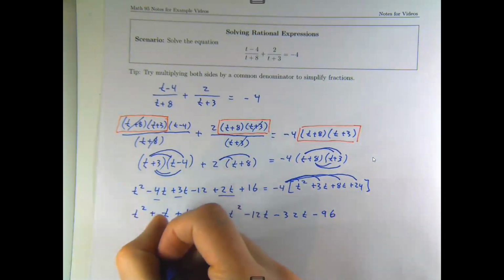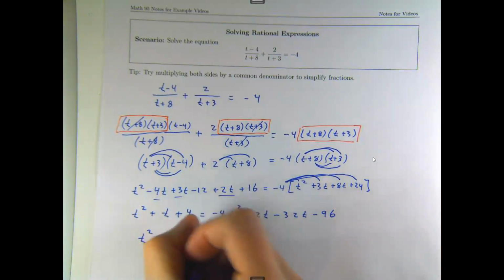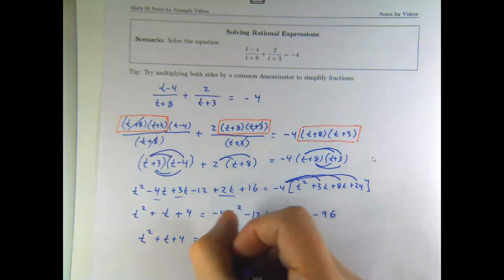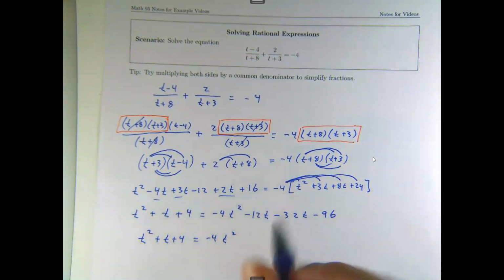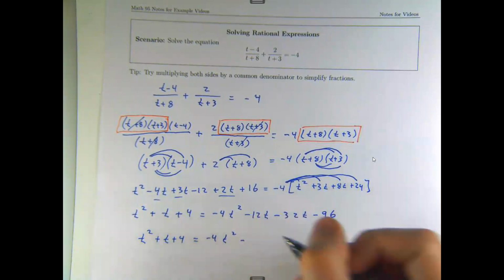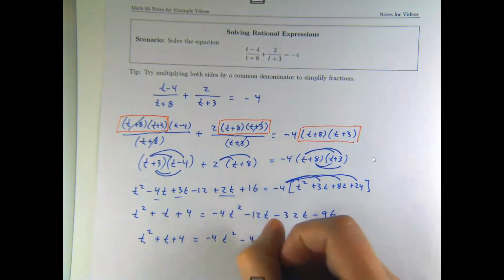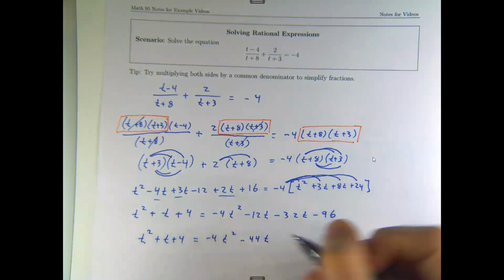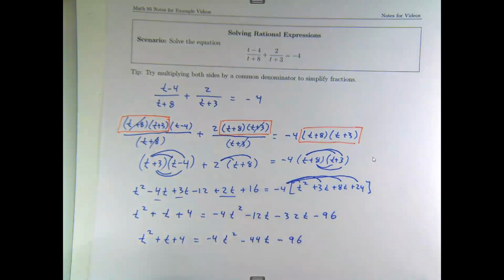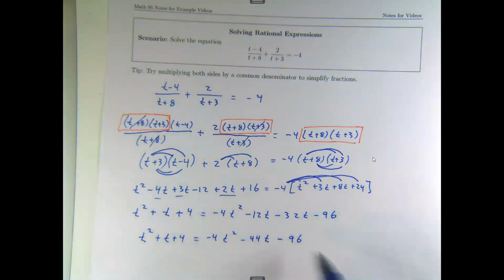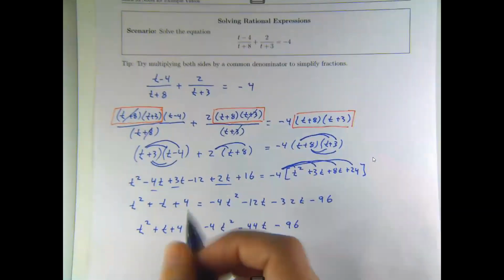I might want to combine like terms here before proceeding. So minus 12 minus another 32, that's going to put me at minus 44t. And I still have this minus 96. I'm going to pull everything I have on this right side over to the left. I'm going to try to set this thing equal to 0.